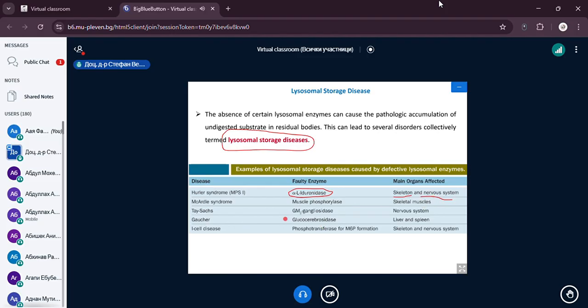Another such frequently seen genetic disorder is McArdle syndrome. That's the enzyme which is defective. Here, the main symptoms are from the skeletal muscles.